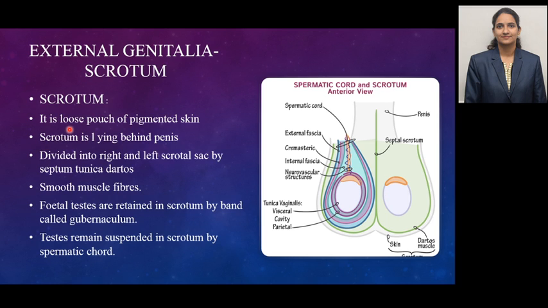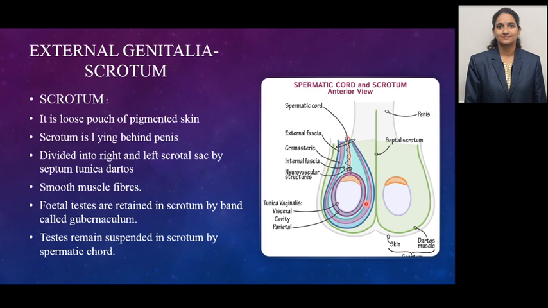It is a loose pouch of pigmented skin. Scrotum is nothing but a loose pouch of pigmented skin. See, the skin and dartos muscle together form the scrotal sac. Scrotum is divided into two compartments, left scrotal sac and right, and this compartmentalization is due to the septum scrotum, which is a smooth muscle fiber.